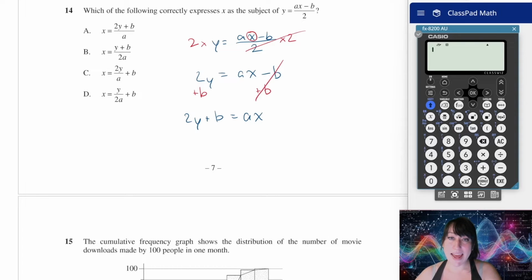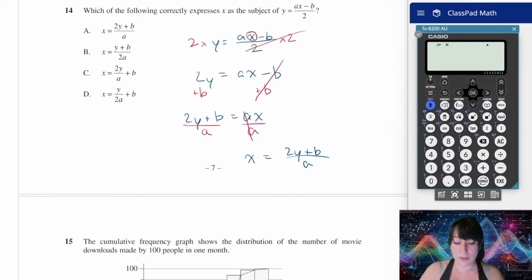Since that means a times x, we can divide both sides of this equation by a to finally get x by itself. Now remember to divide the entire left-hand side by a by writing it in one big fraction. So we have x is equal to 2y plus b all over a, which is option A.